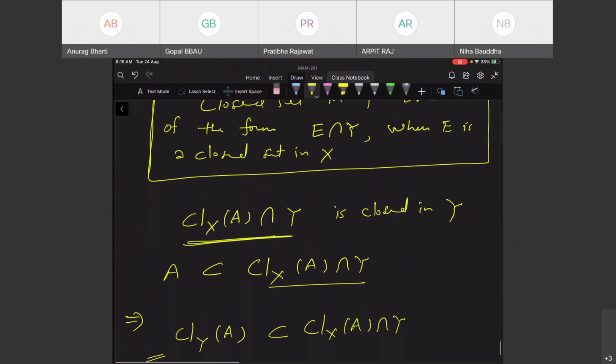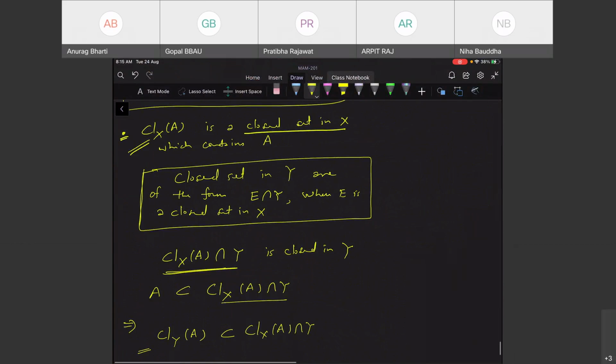Okay, so let us recall what we have done. We started from the definition of closure of A in X. It is a closed set containing A; in fact, it is the smallest closed set.